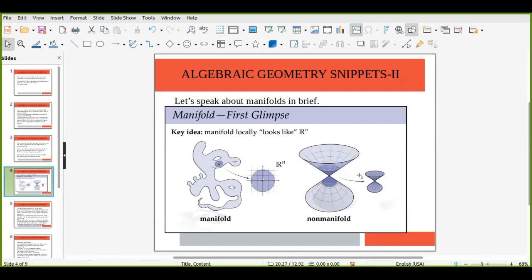If you cut out the cone without the vertex, it can be called a manifold. But if you include the vertex, that's a problem. That's actually a singular point. So essentially, we should avoid such singularities for smooth manifolds. So that's the idea of manifolds.